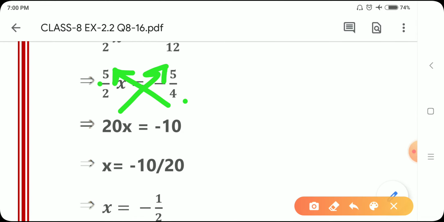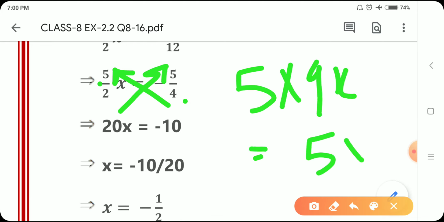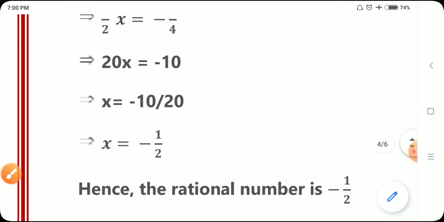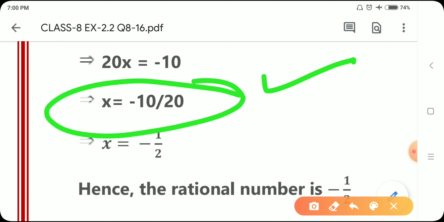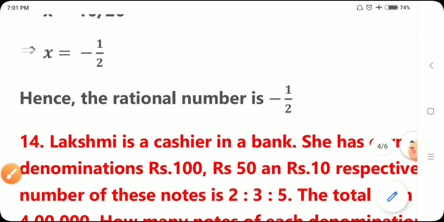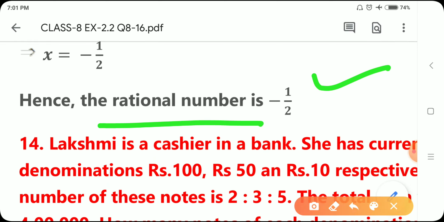So 5 into 4x is equal to 5 into 2, minus sign is already there. So 5 into 4 will give you 20x is equal to minus 10. So x is equal to minus 10 by 20. After solving, you will get x is equal to minus 1 by 2. So that rational number is minus 1 by 2.